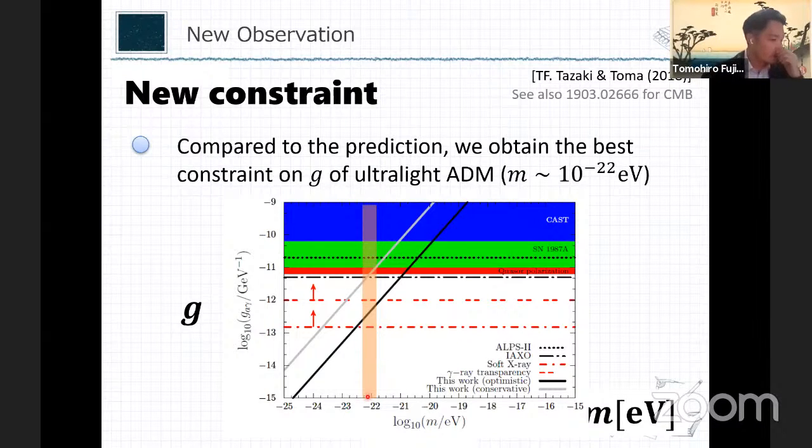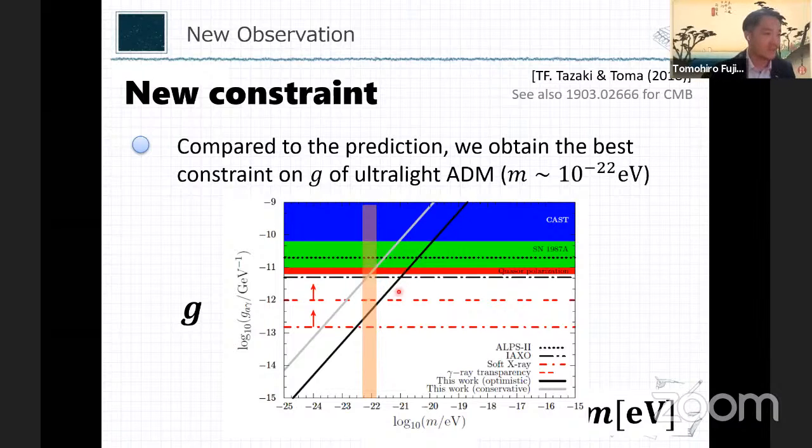But I should warn you that in the left region the mass of axion is too small to be a dark matter, but I have already assumed that 100% of dark matter is axion. So this region is not reasonable, but in this region we improved the constraint.